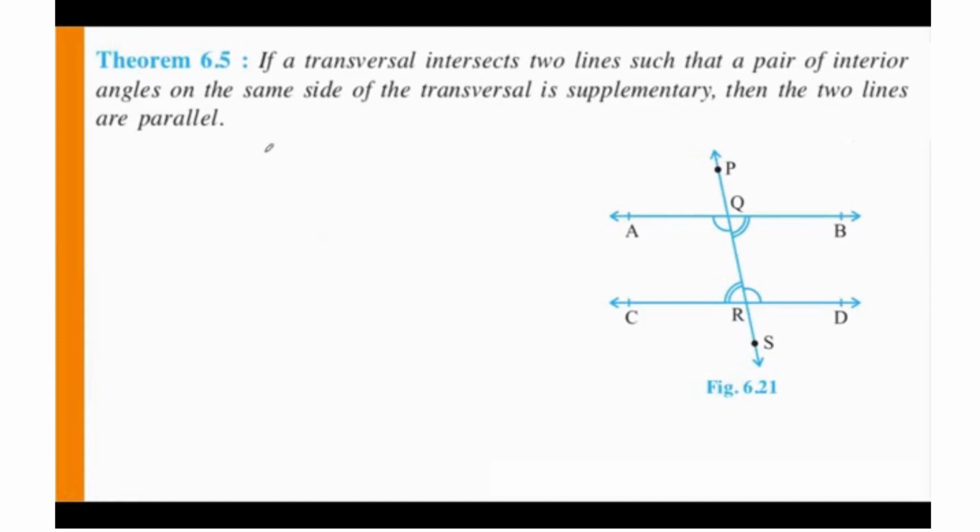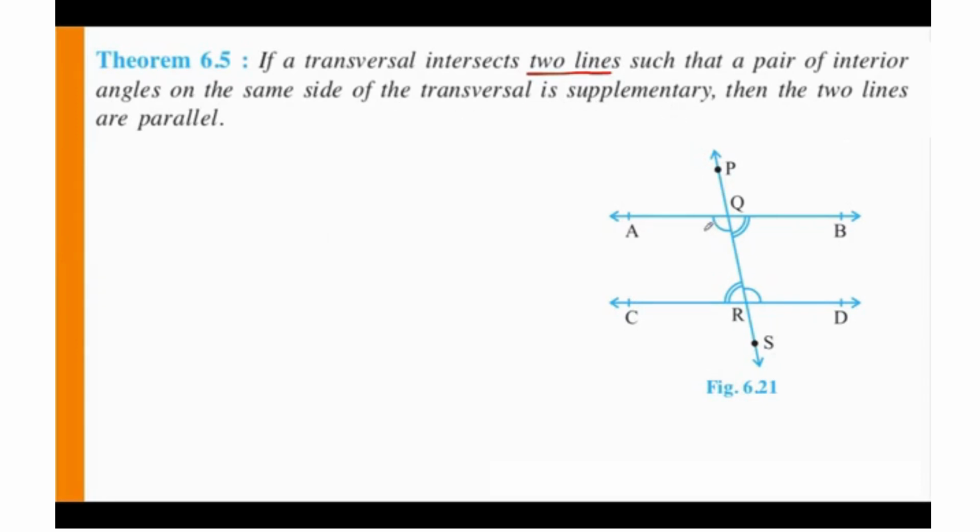So that's proved. The next theorem says, if a transversal intersects two lines, it is not said that the two lines are parallel, but it is said that a pair of interior angles on the same side of the transversal is supplementary.